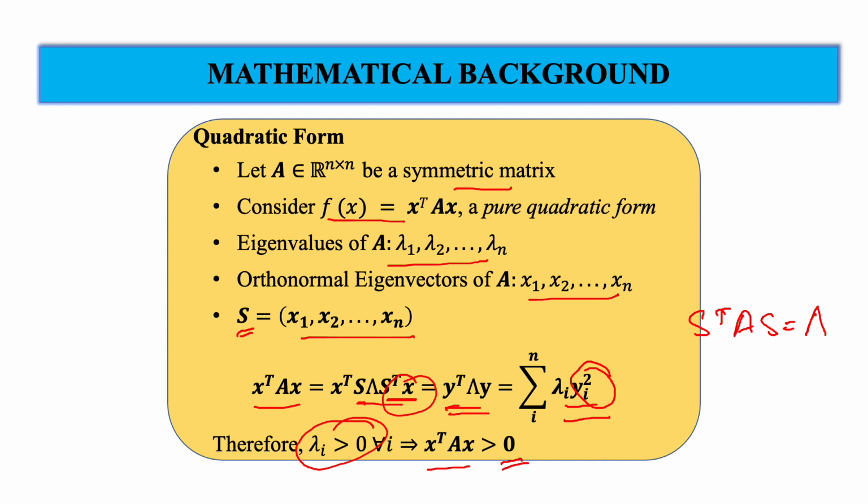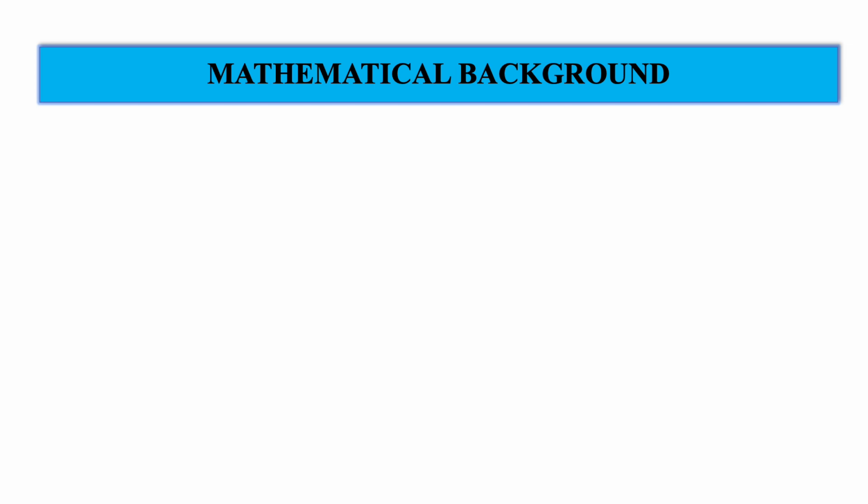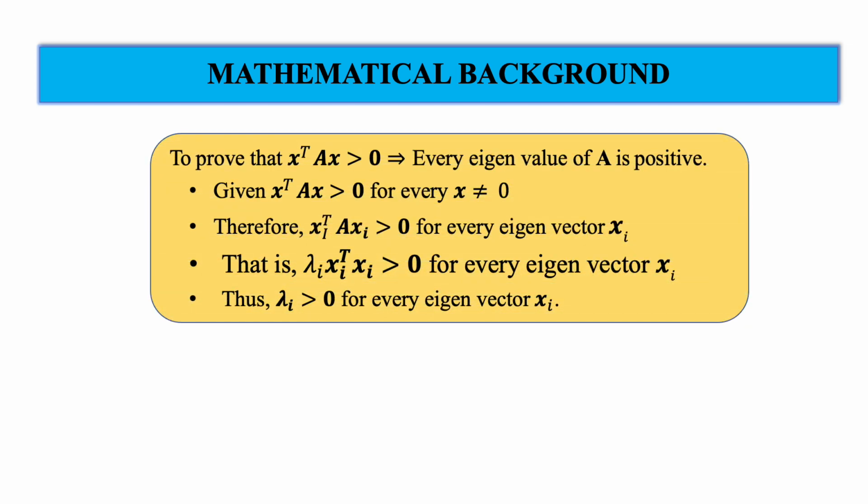So whenever all lambda are greater than 0, then x transpose Ax is greater than 0. Now for the converse, we show that x transpose Ax greater than 0 implies that every eigenvalue of A is positive.